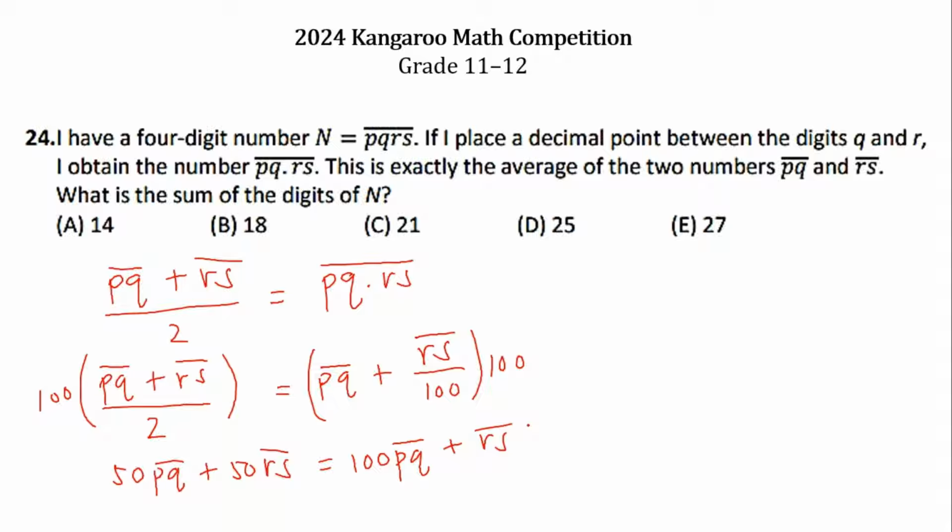Now let's combine like terms. Let's move this one to the left, this one to the right. So we will have 50 PQ minus 100 PQ, that's negative 50 PQ, equals negative 49 RS.